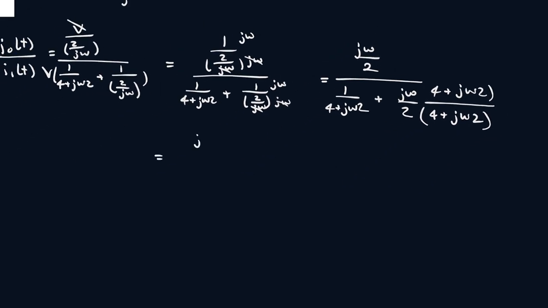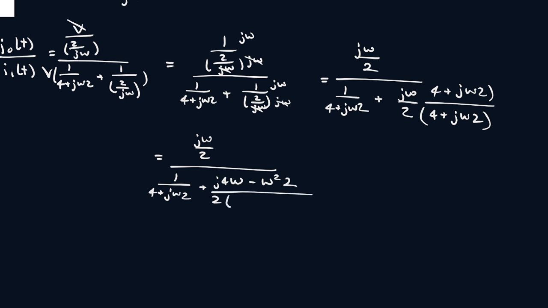And this gives me, and remember J times J is minus 1, so minus W squared times 2 all over 2 J 4 plus JW2. We can factor a 2 from all of this, and this cancels out.